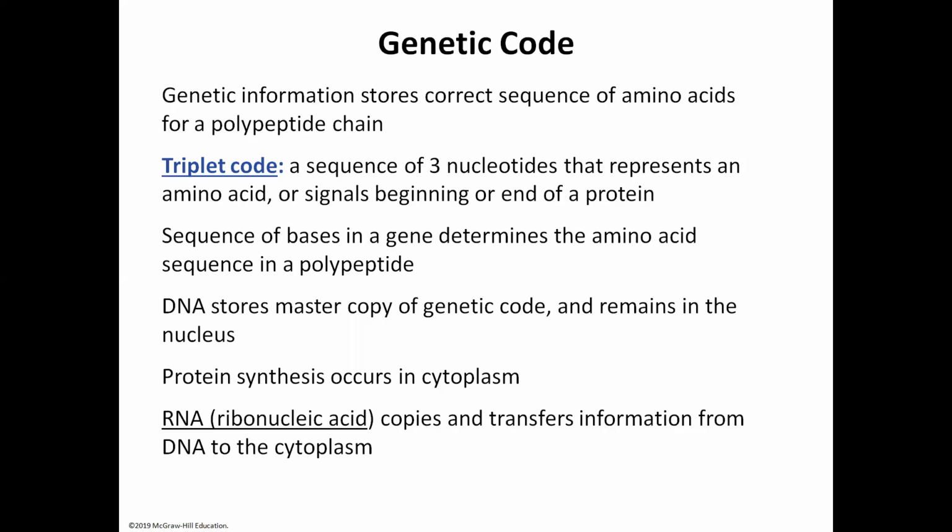So RNA is also going to be used to make proteins. It copies that genetic information, and it transfers that information from DNA in the nucleus to the cytoplasm. So it conveys a message that's usable in order to send it to the ribosomes. So therefore we can actually start to develop and make these proteins.